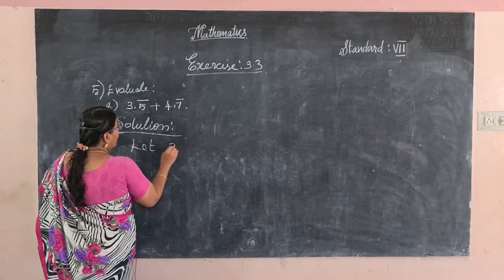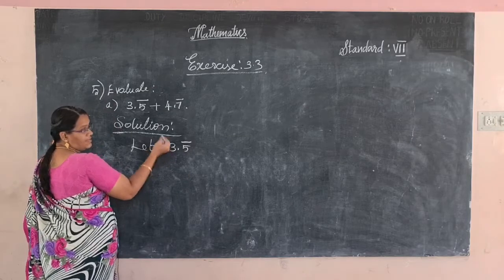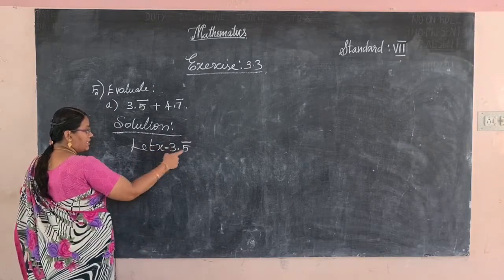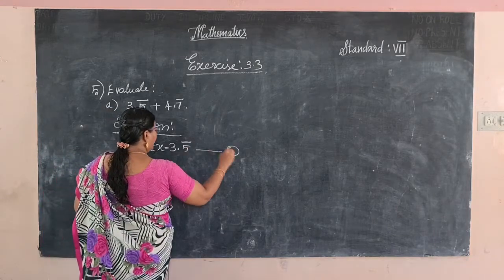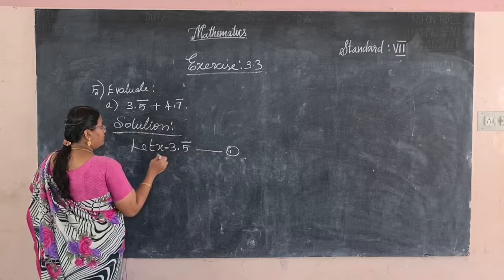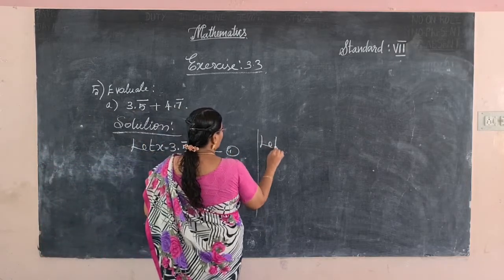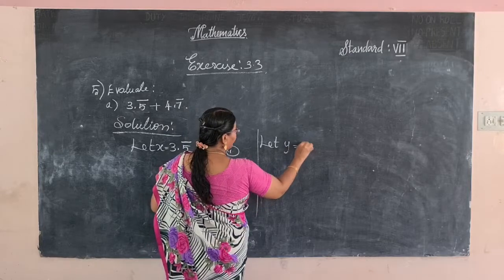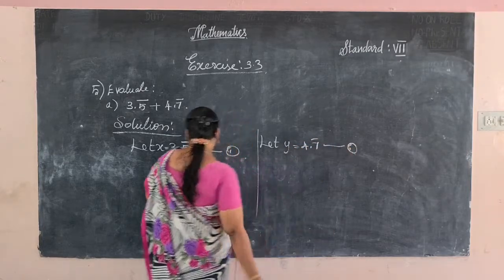Let x be 3.5 bar. It is denoted by 1. And next, let y be 4.7 bar. This is equation number 1.